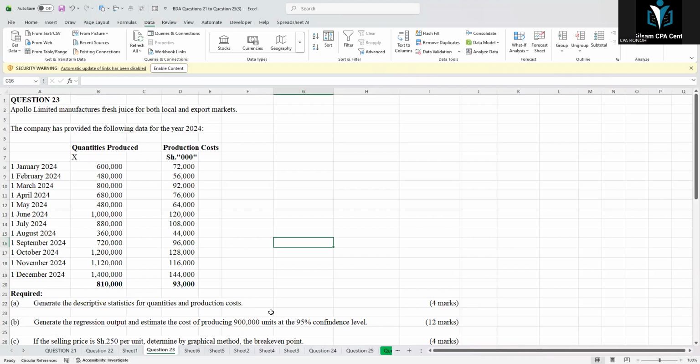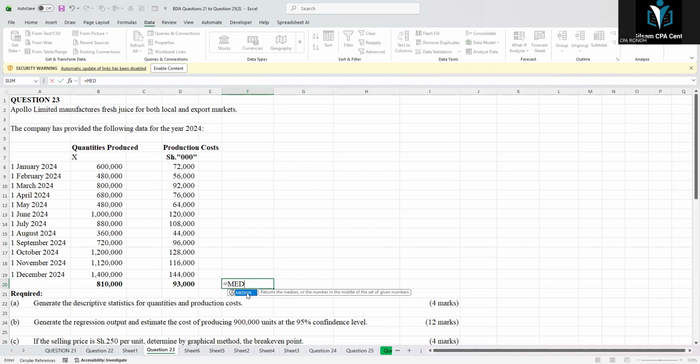You can also use the formula to get the median. If you say equals median, sorry, let's use it here, equals median. I'm not getting the same thing.